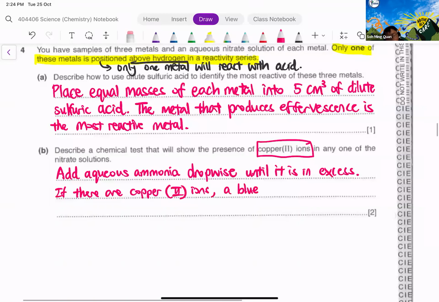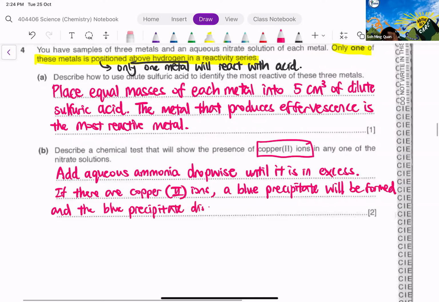A blue precipitate will be formed, and the blue precipitate is soluble or dissolves in excess aqueous ammonia to form a deep blue solution.